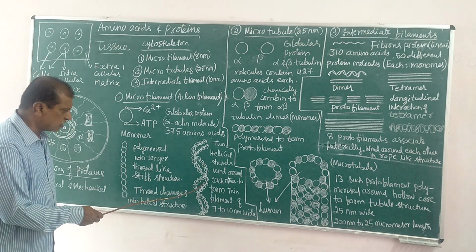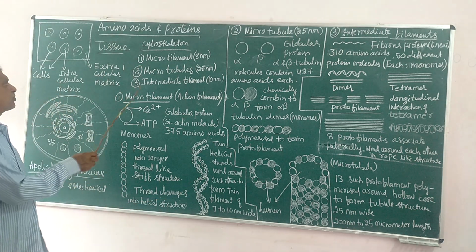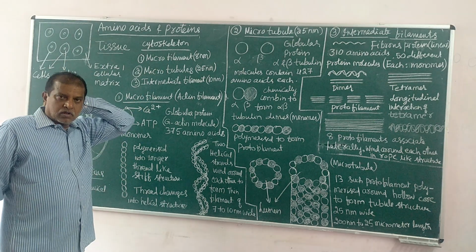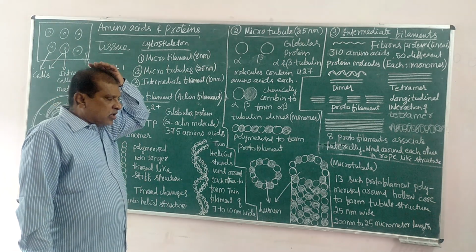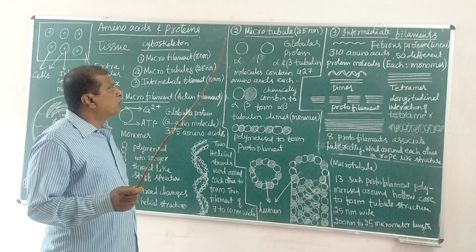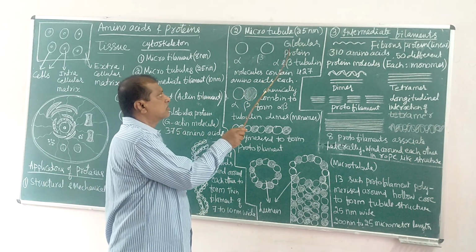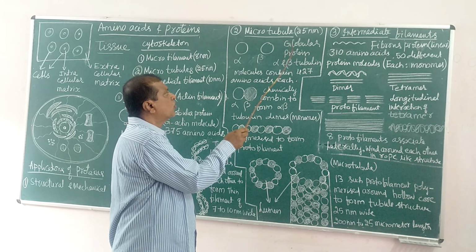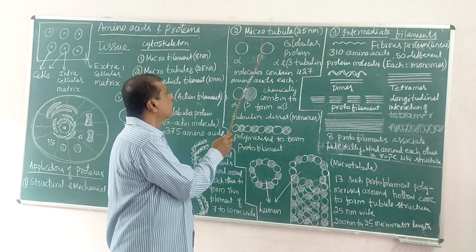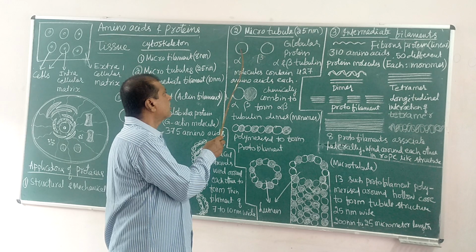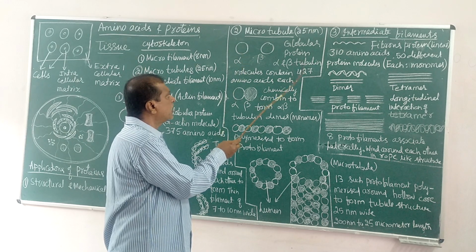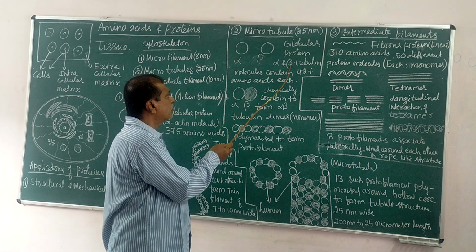This is one structure. Another structure is the microtubule, a tubular structure. What is this tubular structure? Again, the protein molecule is a globular protein, not fibrous. Two globular proteins are involved: alpha tubulin and beta tubulin.